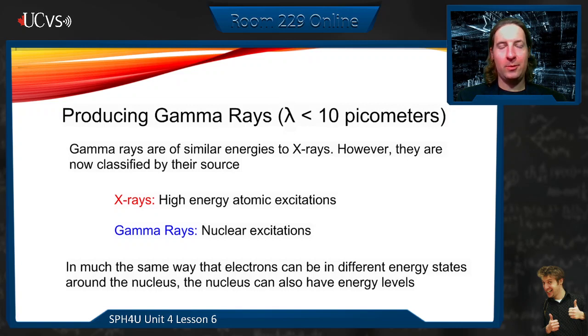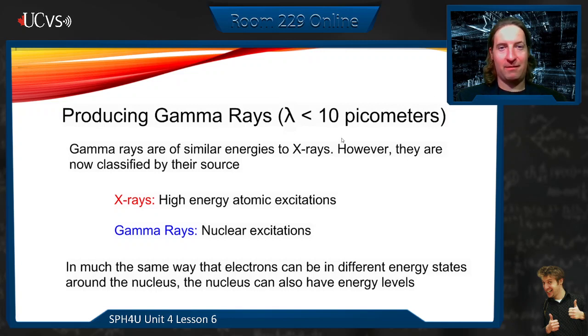In the same way in which electrons have energy states, a nucleus also has energy states. We can actually have nucleons, so protons and neutrons, bouncing around inside the nucleus to produce light.